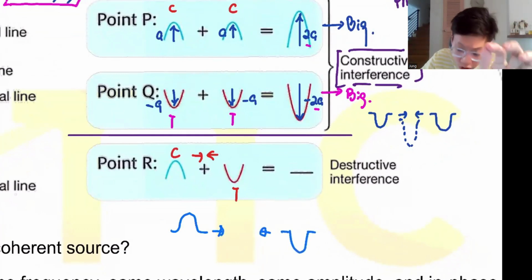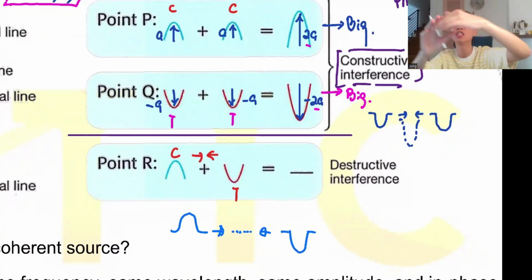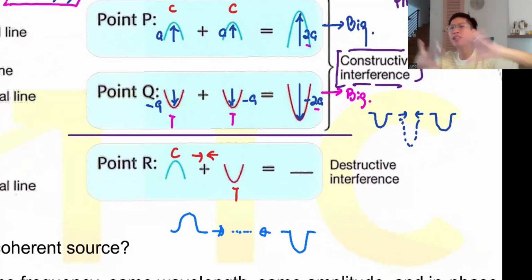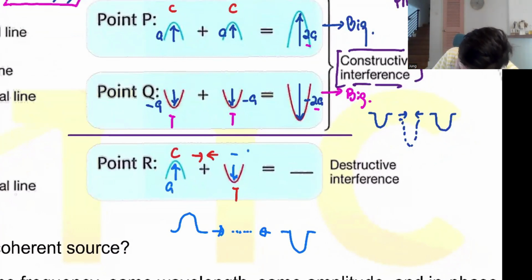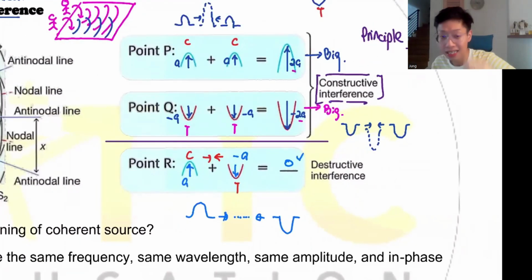We usually say you form a smaller wave. Although these two crash into each other and disappear, we don't say no wave, we say smaller wave, lesser wave. So this A and this negative A, when they collide, your amplitude becomes 0, because 1 plus negative 1 means 1 minus 1, you get 0. So this is what you will get, 0.